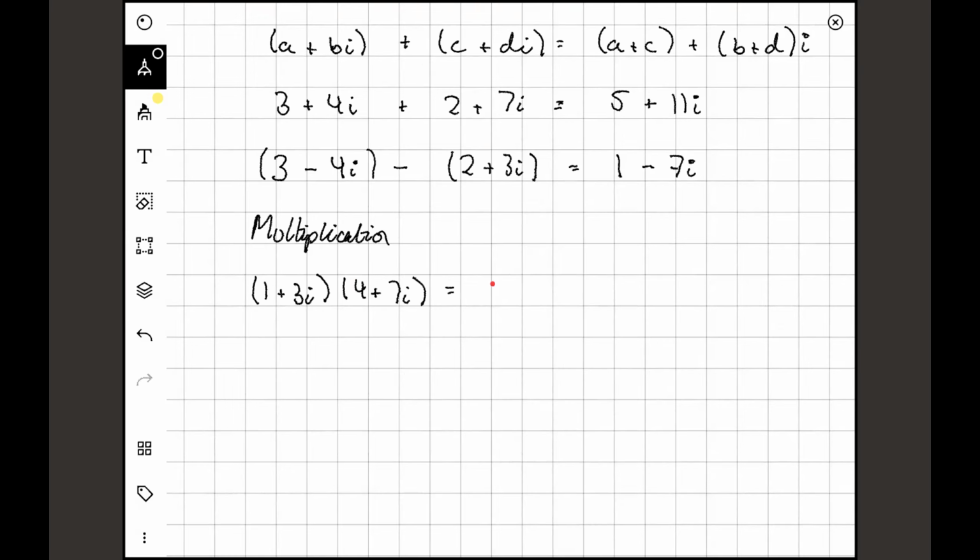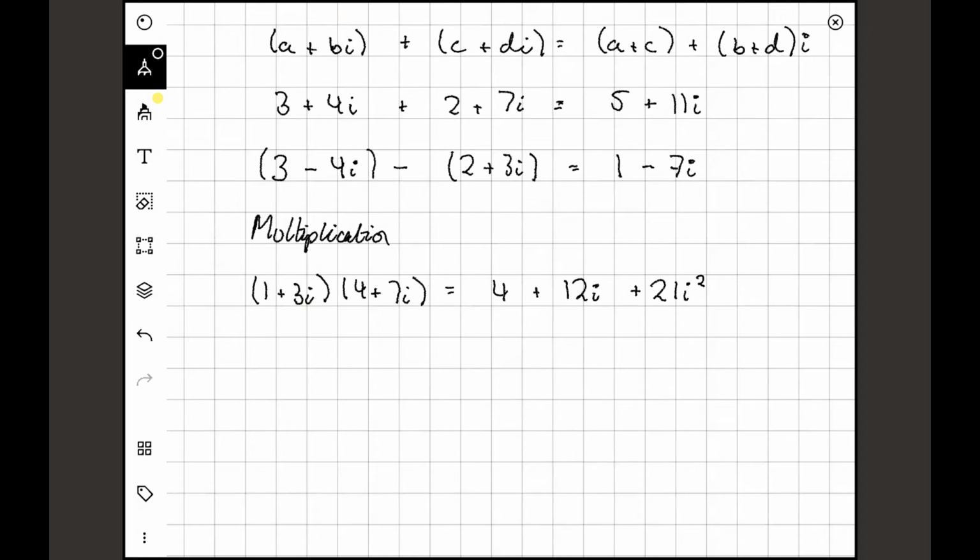So we get 1 times 4, which is 4, 3i times 4, which is going to be 12i. Then we are going to get 3i times 7i, which is going to be 21i squared.